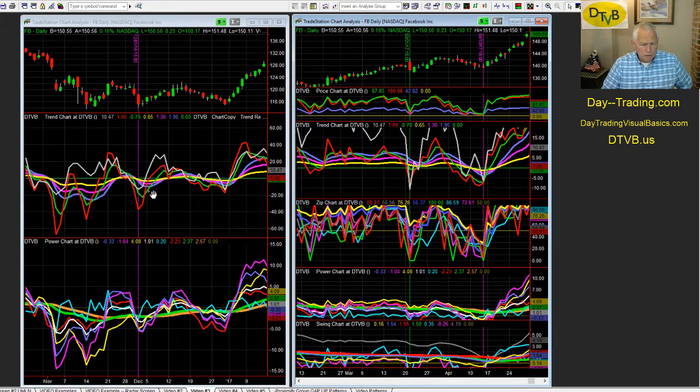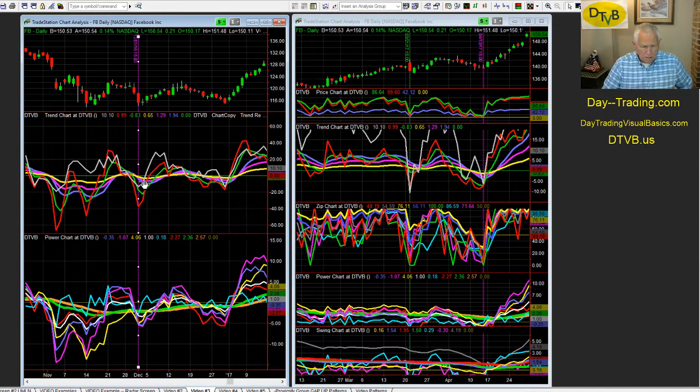The trend chart over here is a similar one on this particular date. I'm in Facebook here, and this is 12/1/16. On December 1st, 2016, we had the trend red being lowest, and then green and gray.